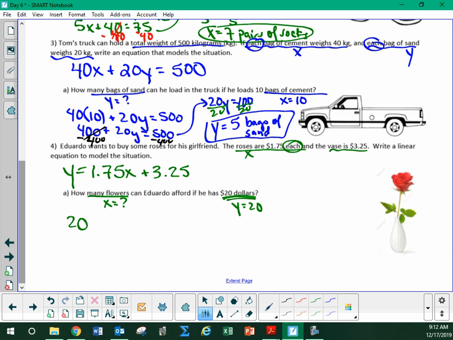So I get 20 equals 1.75x plus 3.25. Definitely want to use your calculator to help you out with these decimals here. I'm just solving for x, so subtract 3.25.